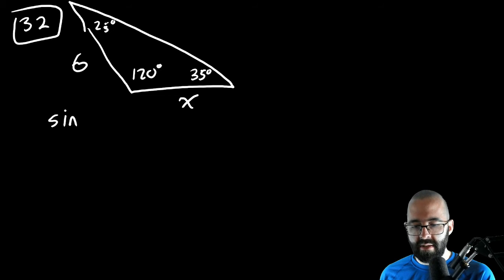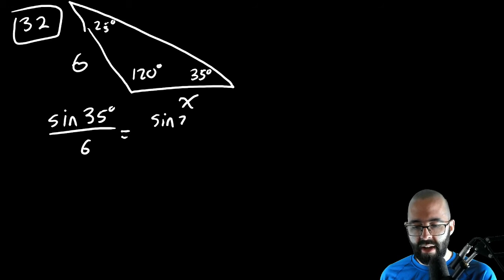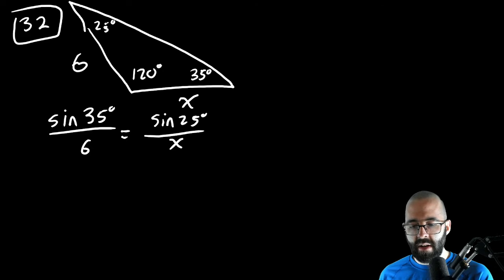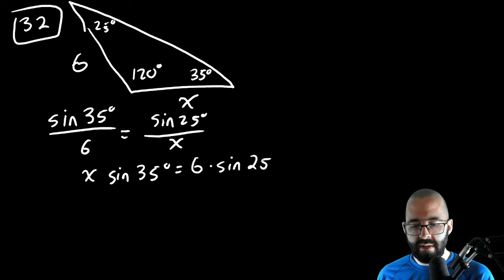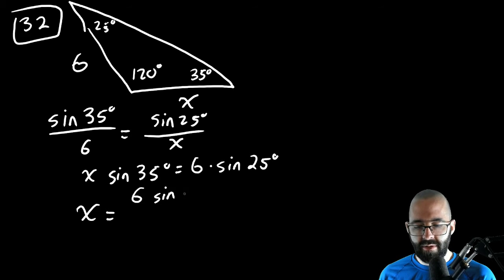Set up the law of sines. Sine of 35 degrees is to 6, the same way as the sine of 25 degrees is to x. Cross multiply, and you'll get x times the sine of 35 degrees equals 6 times the sine of 25 degrees. Divide both sides by the sine of 35 degrees, and you'll get x is 6 times the sine of 25 degrees divided by the sine of 35 degrees.